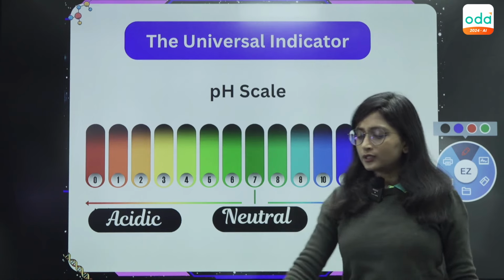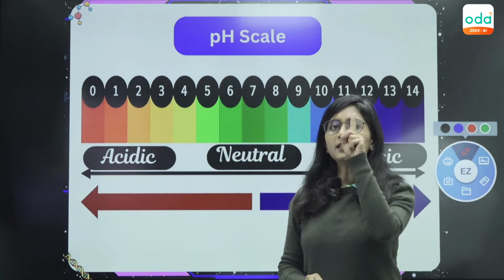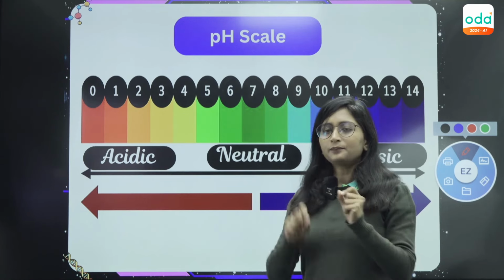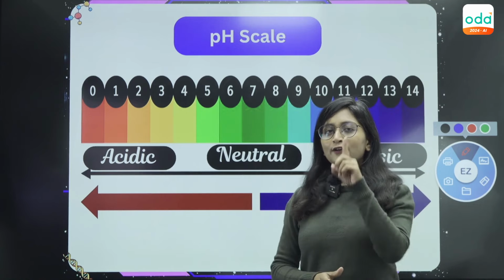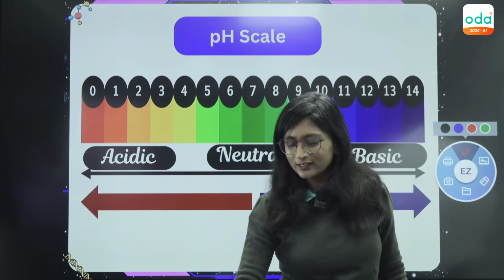So we come to this: if any substance has a pH value lesser than 7, it would be acidic. More than 7, it would be basic. And what about 7? If it is 7, it would be neutral. I hope that you are up to this.